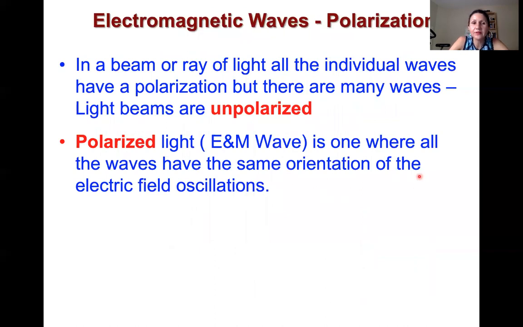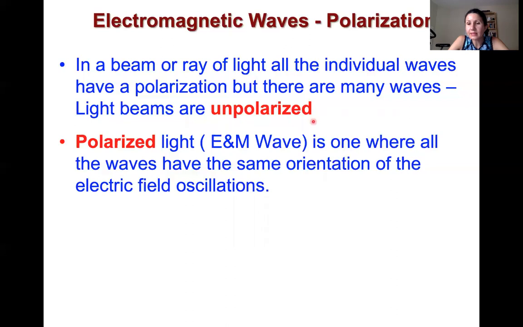Now, normally, if you have just some beam of light that's coming, it is a combination of many different electromagnetic waves, and each one of them has its own polarization direction. So a random beam or ray of light, which is composed of these individual waves, is what is known as unpolarized.